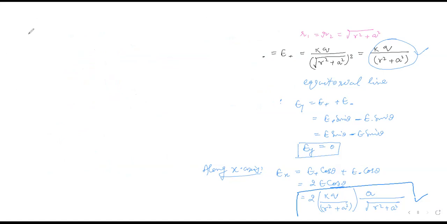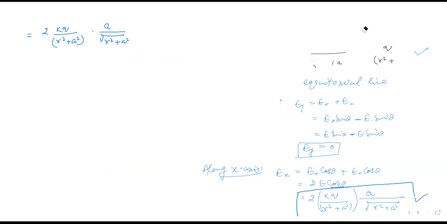See here, this is the value of 2kq over r square plus a square into a over root of r square plus a square. We can also write root of r square plus a square as r square plus a square to the power 1 over 2.